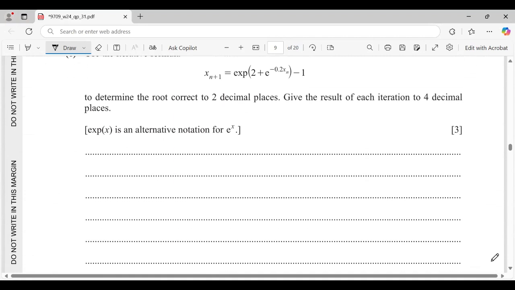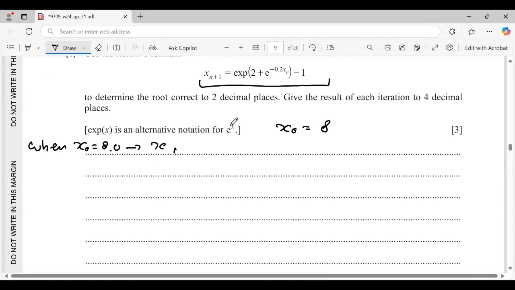Okay, so this is the iterative formula. From part B, we know that the root lies between 7 and 9. So we can start with x0 equals 8, because it lies between 7 and 9.